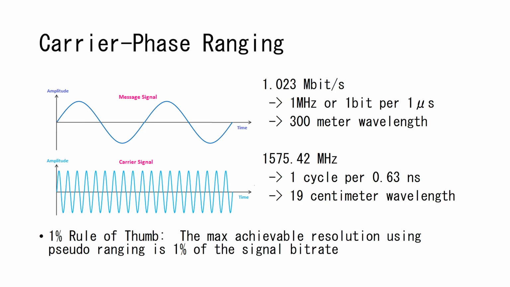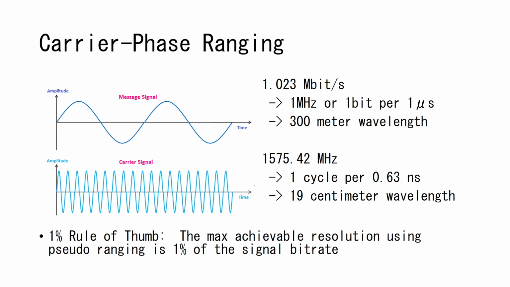If we look at our two signals, we have our message signal, which would be that 0 and 1, and then we have our carrier signal, which we know to modulate the carrier signals we talked about in the space segment, we are using a much lower frequency message signal compared to our carrier signal. So our message signal for the L1 course acquisition signal that we've been talking about, it's at 1.023 megabits per second.